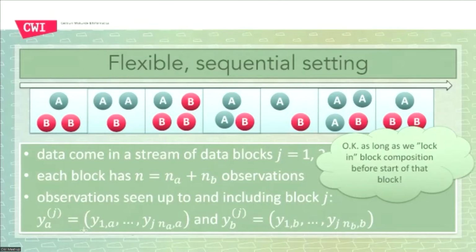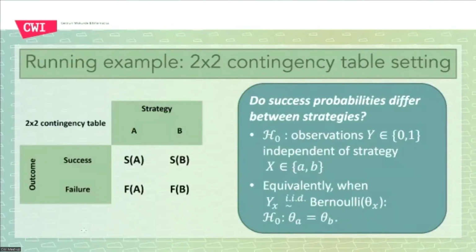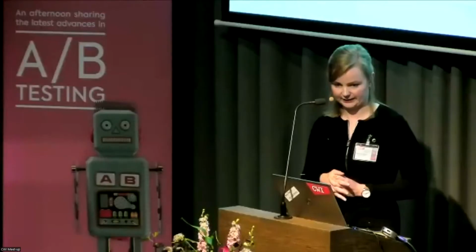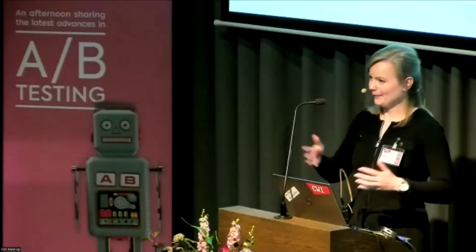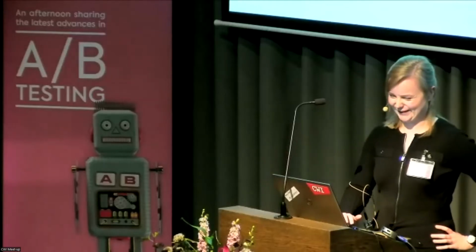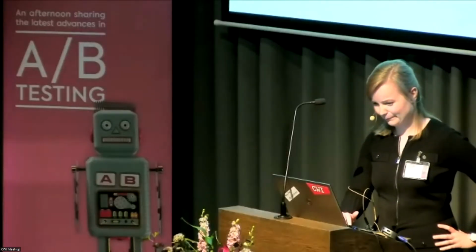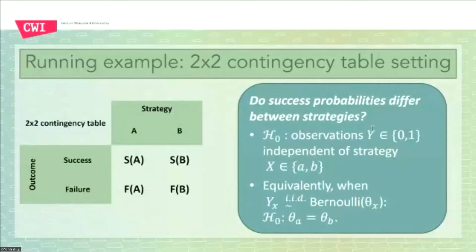And so this setting with these 2 data streams and blocks is something that we have developed quite a general method for, but throughout this presentation, to be able to give you some examples, we'll be using a 2x2 contingency table setting. So you're probably all familiar with this, but just to be completely clear, we have 2 strategies, A and B, and we want to know if the success probabilities differ between these strategies.